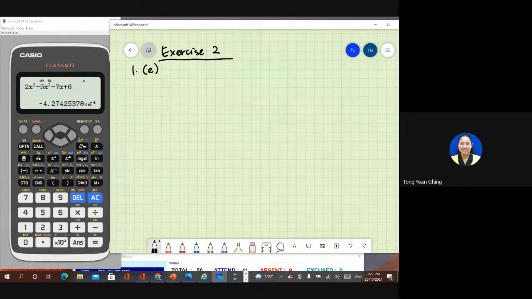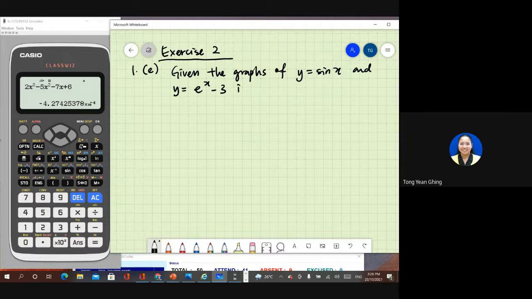We say that given the graph of y equal to sine x and y equal to, in the figure.